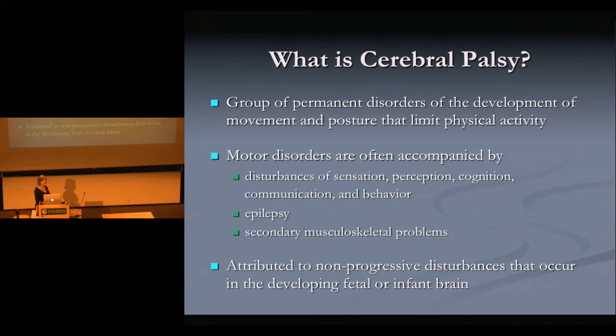They often have epilepsy and secondary movement problems, musculoskeletal problems, such as muscle contractures or bony deformities. Cerebral palsy is attributed to non-progressive disturbances that occur to the developing fetal or infant brain.